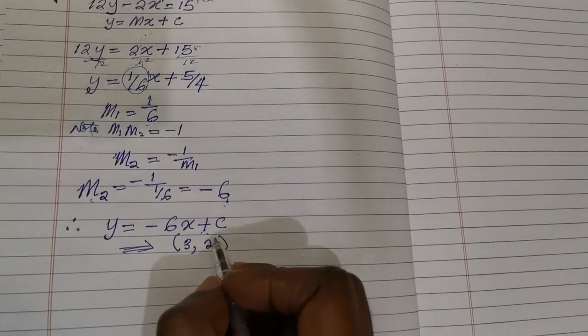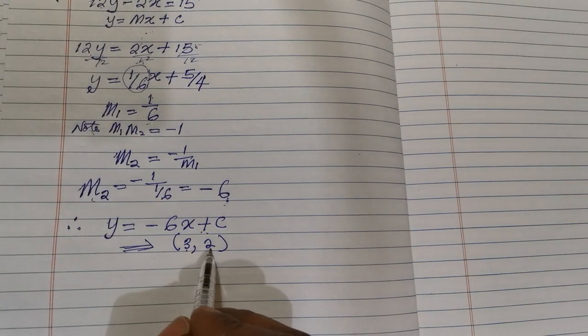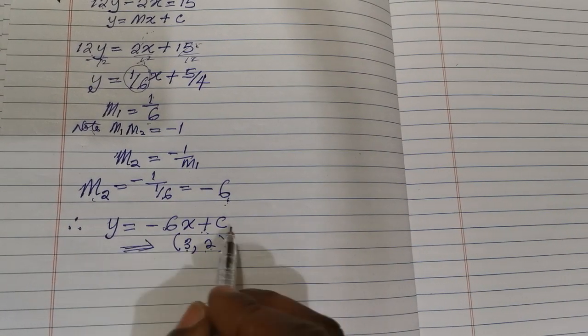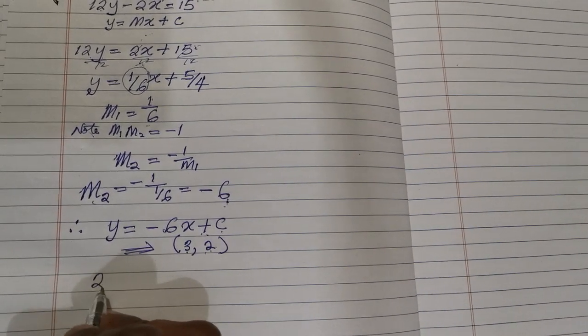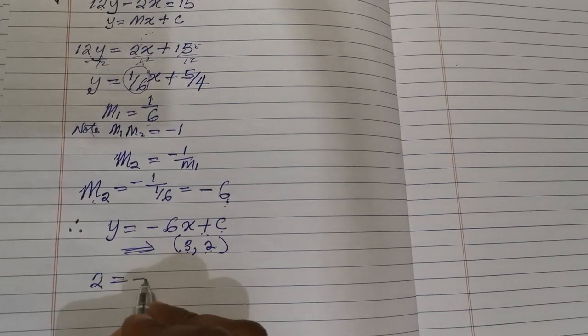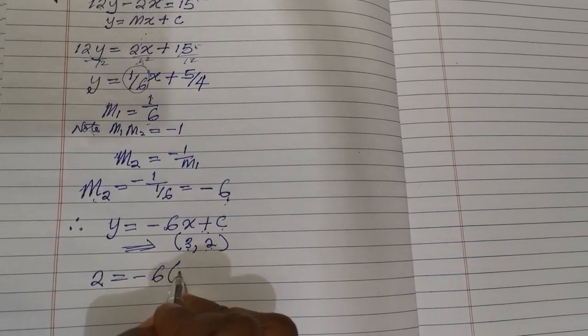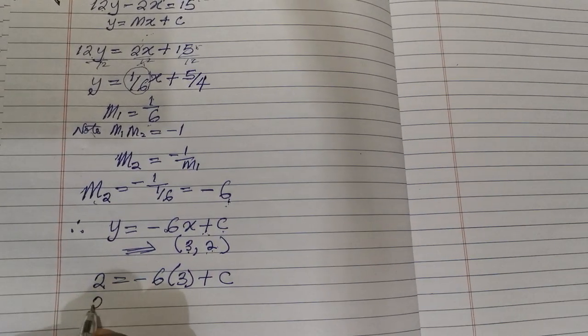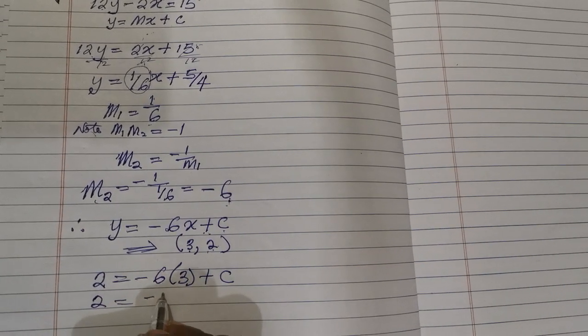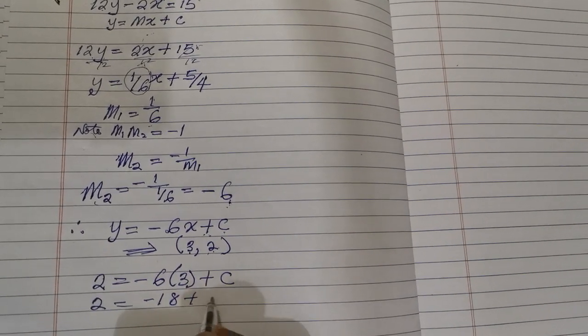My x is 3, y is 2. I will substitute here to find c. We have y to be 2, we have minus 6, x is 3, plus c. 2 is equal to, multiplying this, minus 18 plus c.